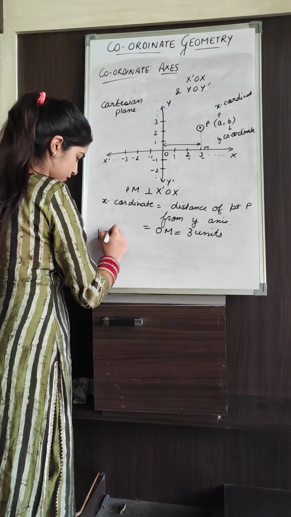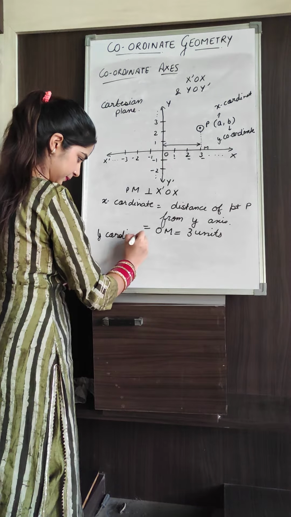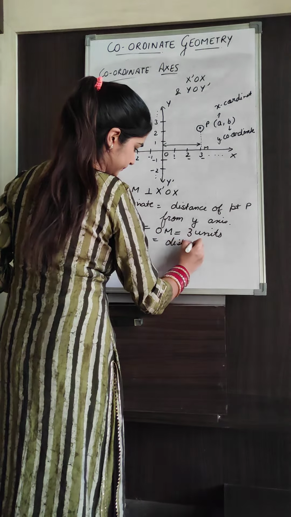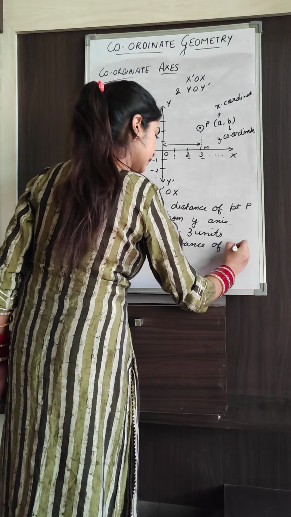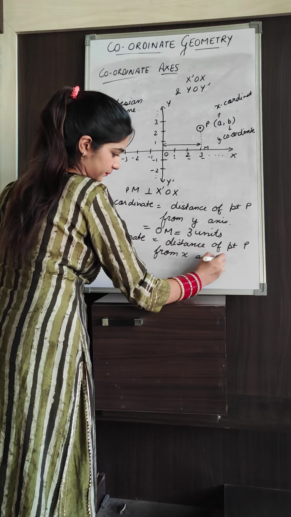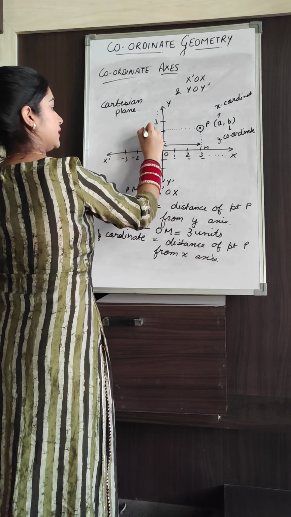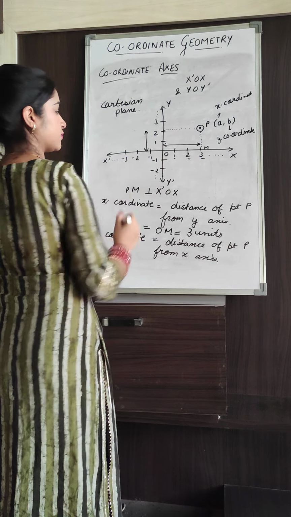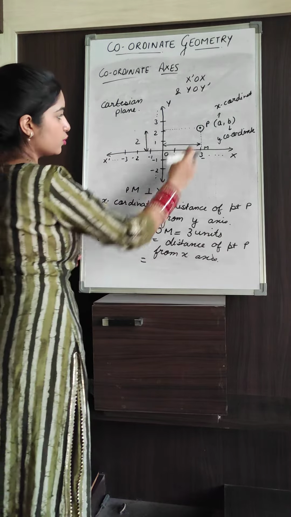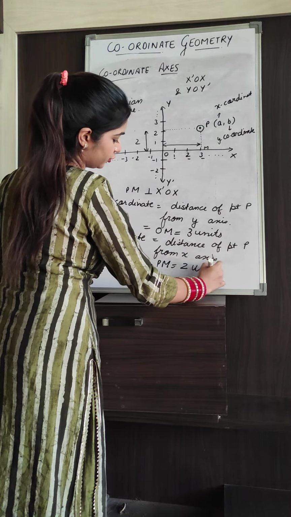Similarly, we can find the y coordinate. This is equal to the distance of point P from the x-axis. Join this point P to the y-axis and find this distance from the x-axis, and this distance is equal to 2 units, and this is PM, which is equal to 2 units.